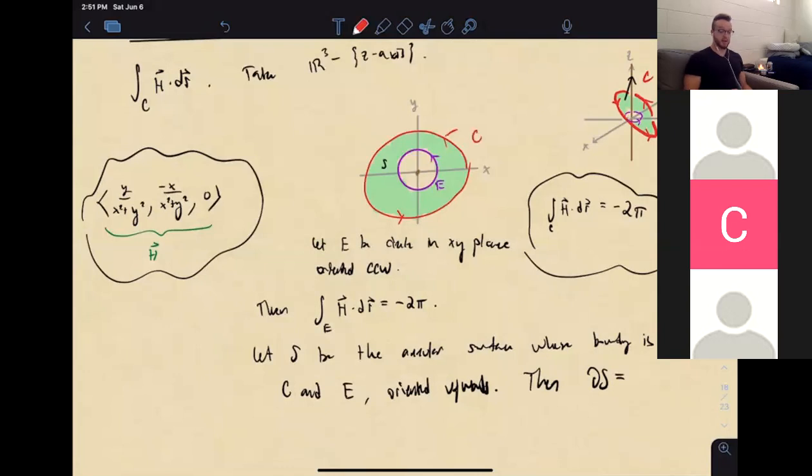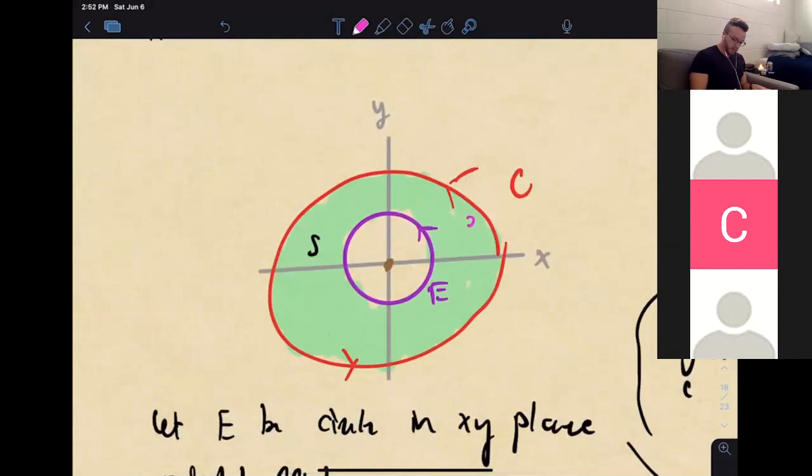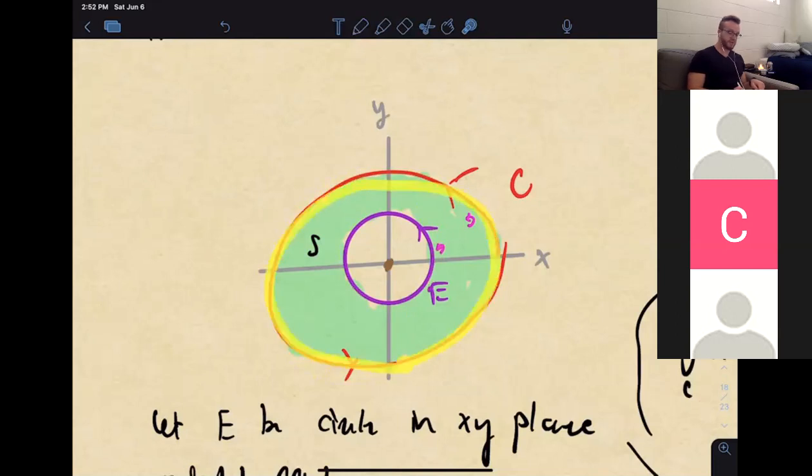Yes, it's going to be C minus E. For example, in this two-dimensional picture, upwards is going to mean out of the computer screen, so pointing out at you. And if you think about the curling motion, it would go like this and like this. This matches the movement of C. And this disagrees with the movement of E. So the boundary of S will be plus C minus E.